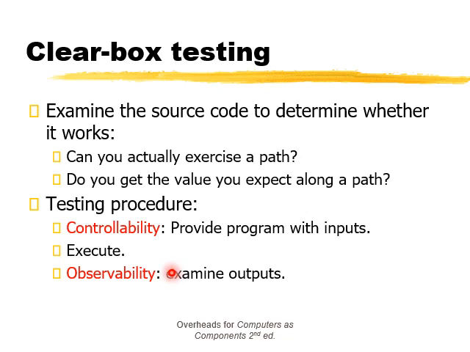Once we have the source code, we can know how control is transferring from one instruction to another, and that is the path. Along that path, the values we get depend upon controllability, because through controllability we provide the inputs, then execute, and then check through observability. So let's move on to the next slide.